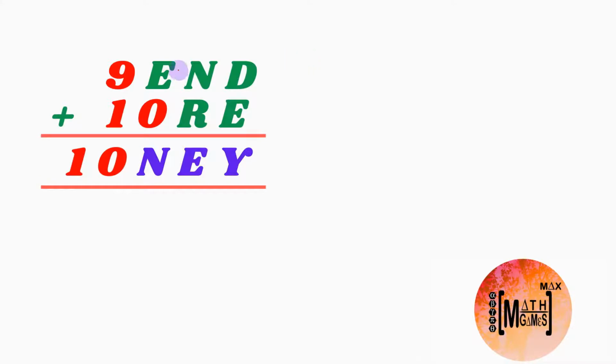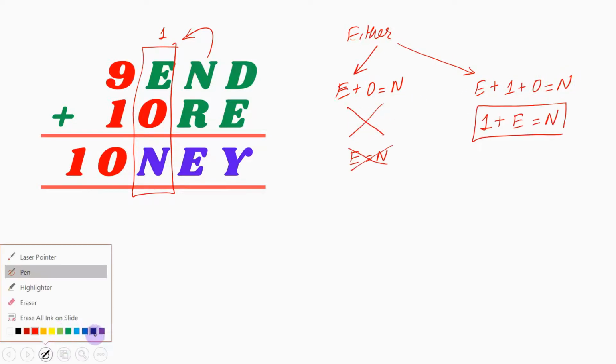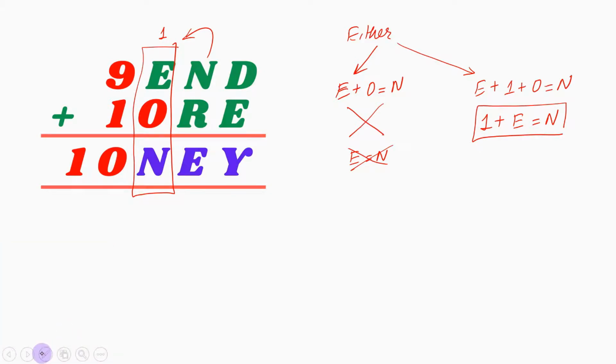Moving further, now we observe that either we can have E plus 0 is equal to N, or we can have a carryover from the previous addition, and hence we get 1 plus E plus 0 is equal to N. Obviously, the first is not possible, because in this case E will be equal to N and this is not permissible.